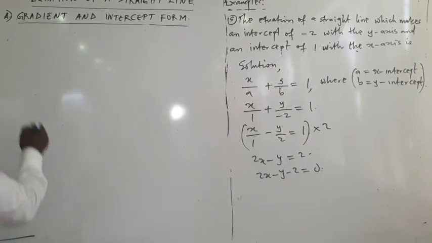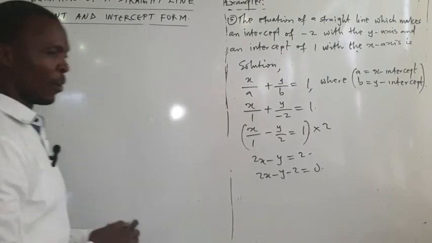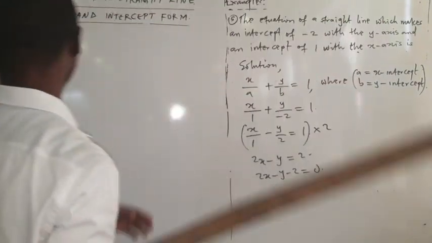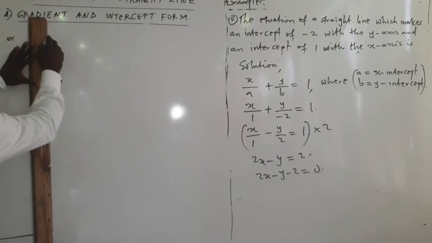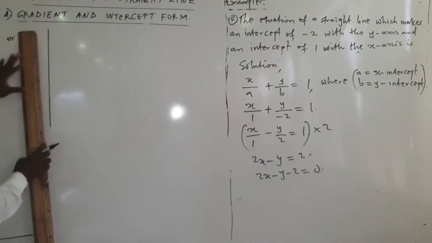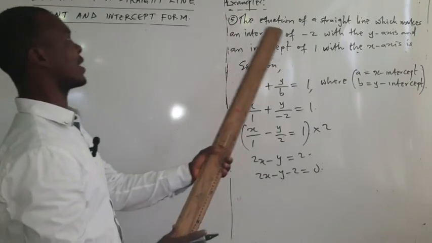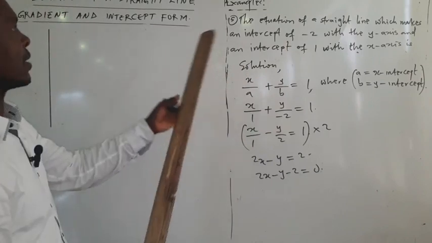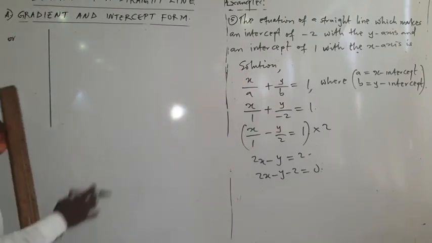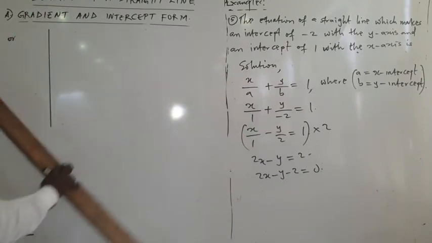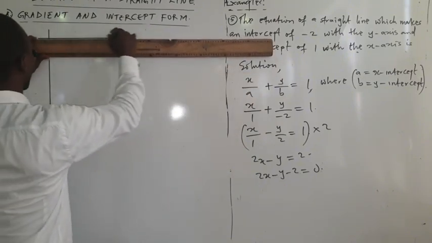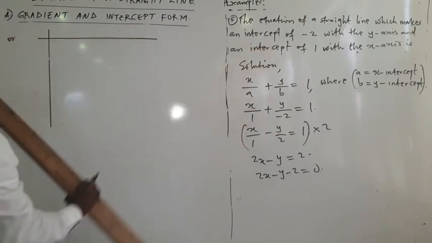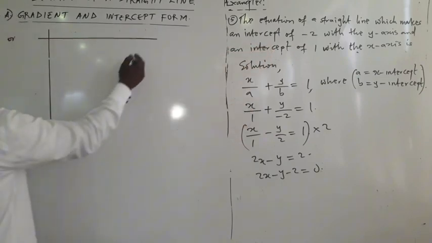So the second method is this. We are going to have our xy plane. Remember, the y-intercept is at y equals minus 2, so we are making use of the negative side of the y-axis, the down part of the y-axis.